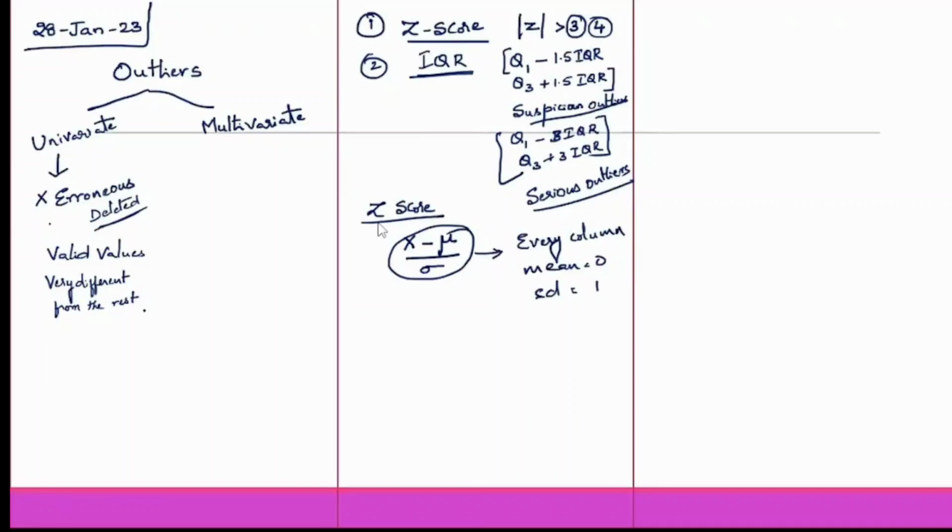In a normal distribution, if the data is following a normal distribution, 99.7% of the observations lie within plus or minus 3 standard deviations of the mean. So only 0.3% of the observations might deviate beyond plus or minus 3 standard deviations.